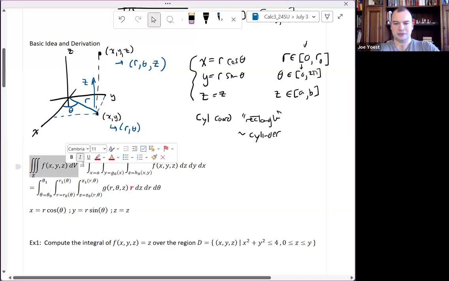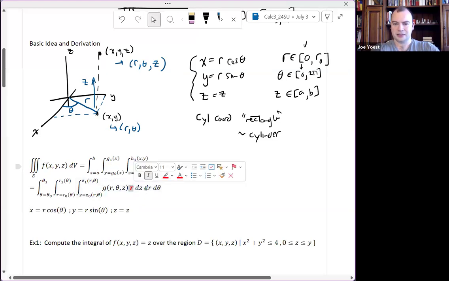Our triple integral can be written in rectangular coordinates, or our dv, well, dv is really just dA times dz, right? But dA we found before was just r dr d theta. I'm having trouble selecting it, but you get the point. So we just have dv is just dA times dz, so r dr d theta times dz.